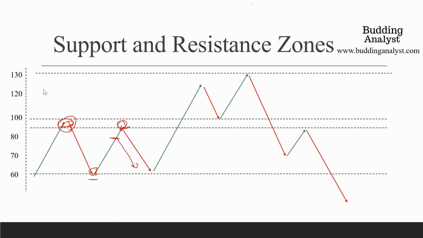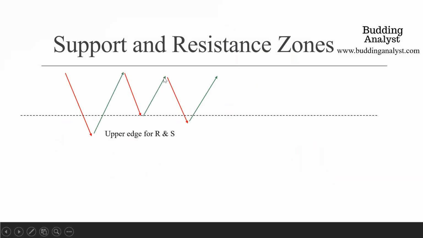Zones are generally better to work on because they give you a range, and whenever the price is in that particular zone, you can exit your trade and not wait for a single price level. So that's a better thing to do.